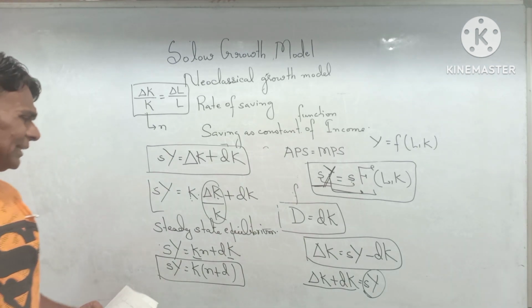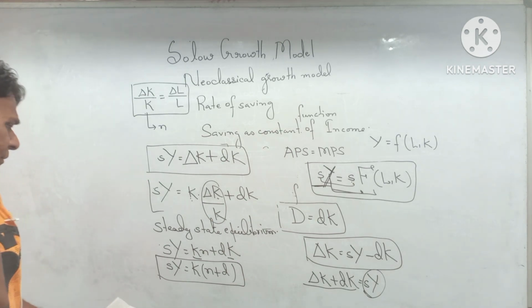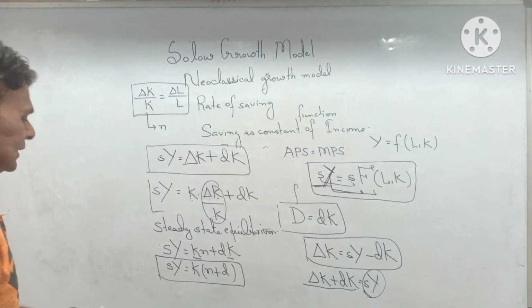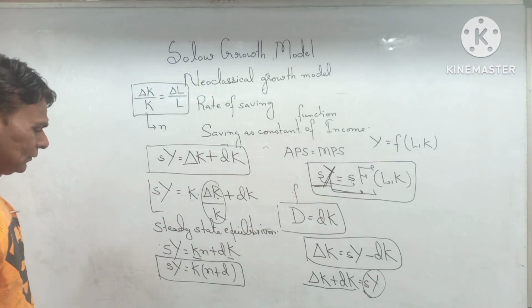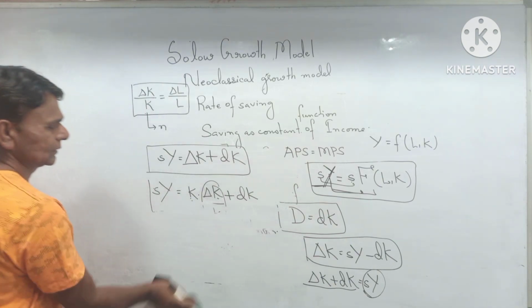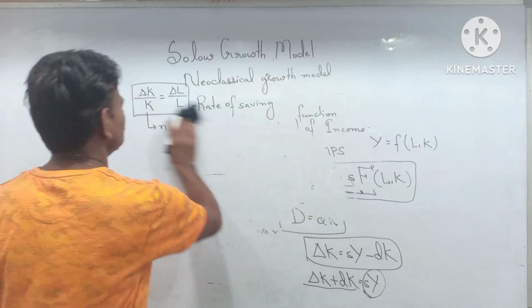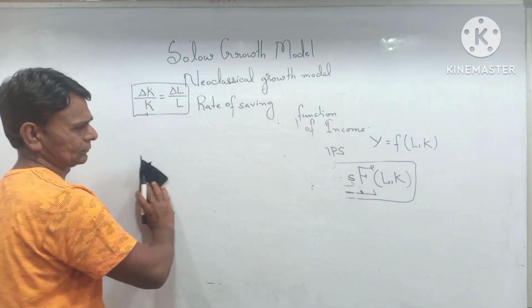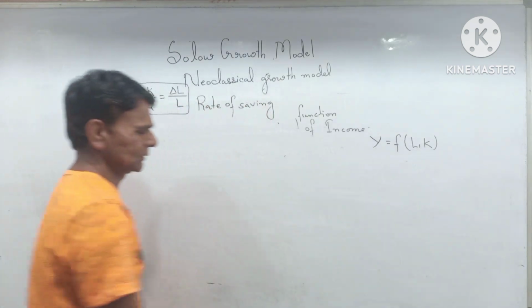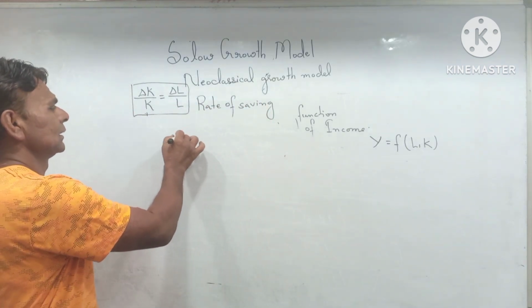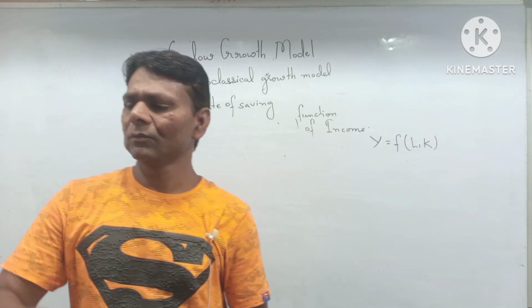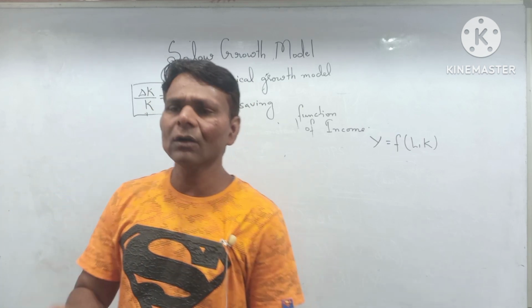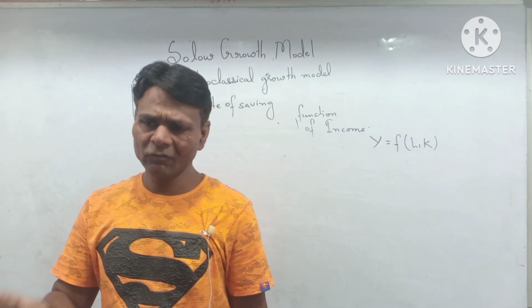Now there is criticism given for the Solow growth model. This is the fundamental growth equation of the Solow model. There are two major criticisms. First, the Solow growth model, the new classical growth model, does not consider education as a factor.